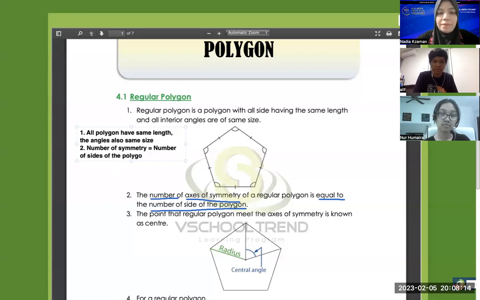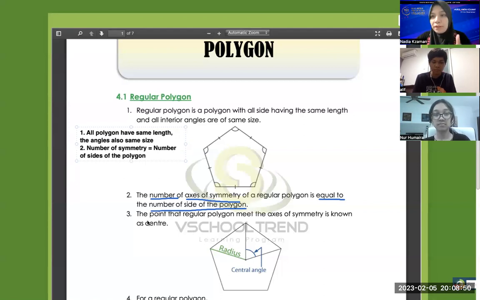Let's say a polygon with a square, how many symmetry do you have there? 4. Yes, because we have 4 sides of a square. So if we have 8 sides of a polygon, how many symmetry? 8. Yes, it is 8.